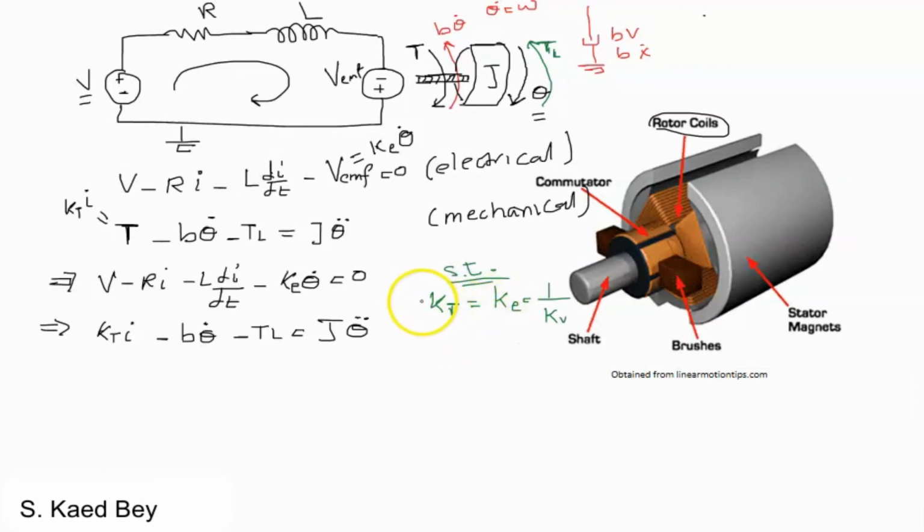For this reason, we can call all of them K, and we can remove the Ke, leave it as K. Also we can remove the T from there and leave it as K. This will simplify the calculations.